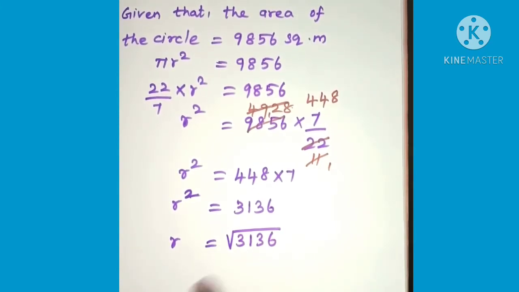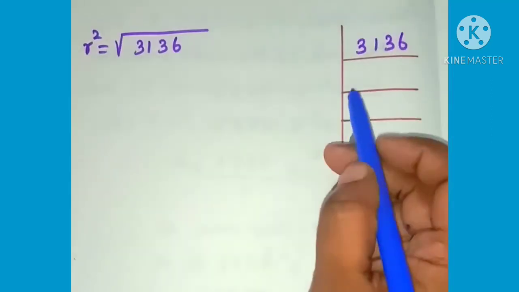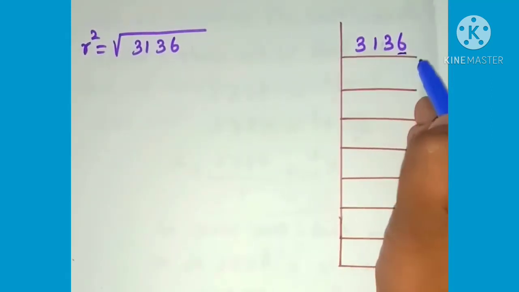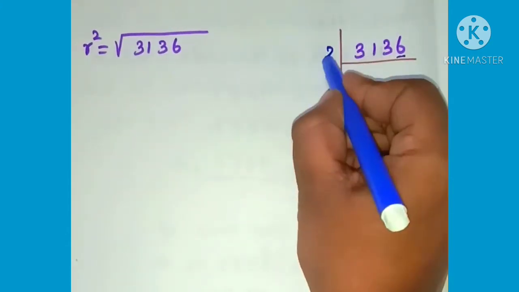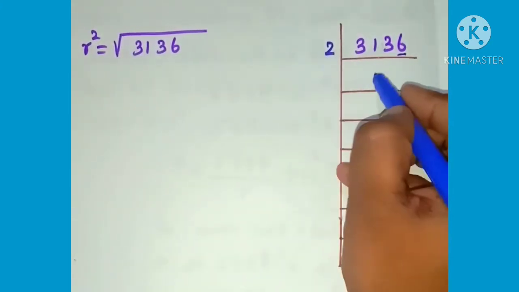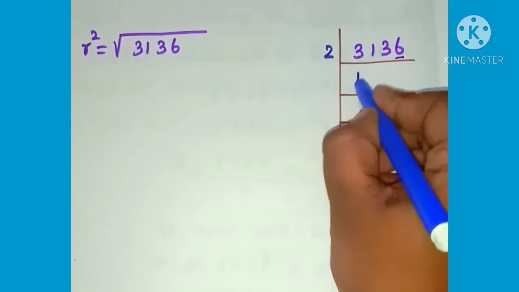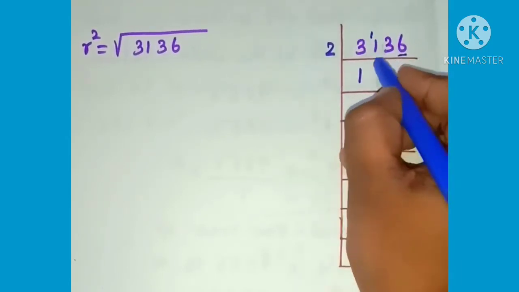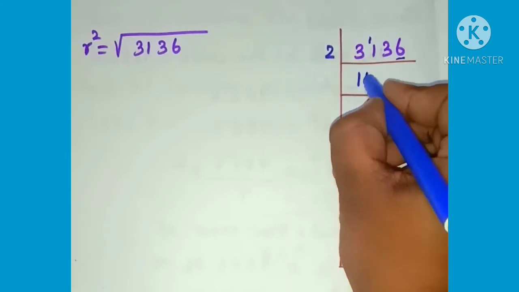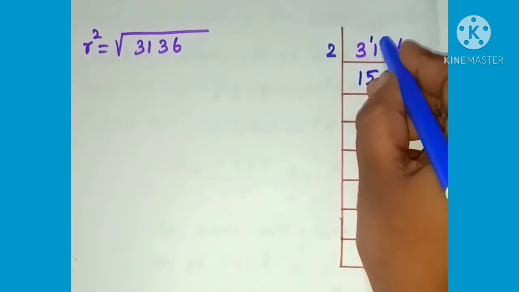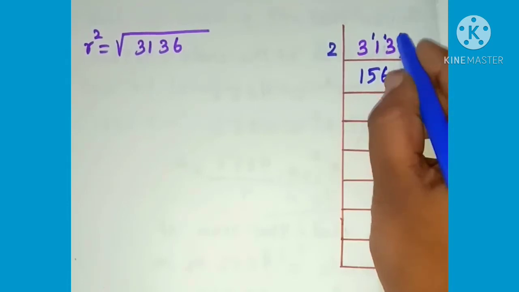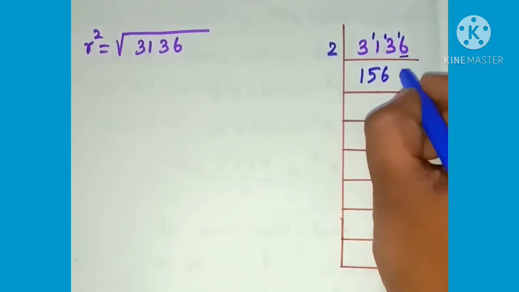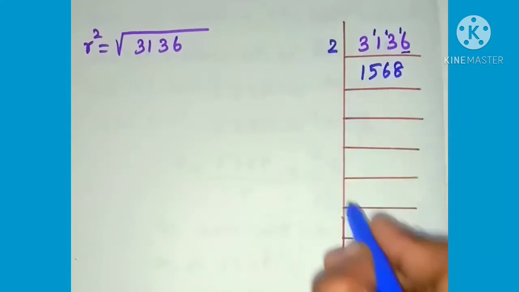So by using prime factorization. Now students, the last digit is 6, which is an even number and it is divisible by 2. Let us take 2. So 1 2s are 2, remainder 1, 11. 5 2s are 10, remainder 1 and 13. 6 2s are 12 and remainder 1 and 16. 8 2s are 16.